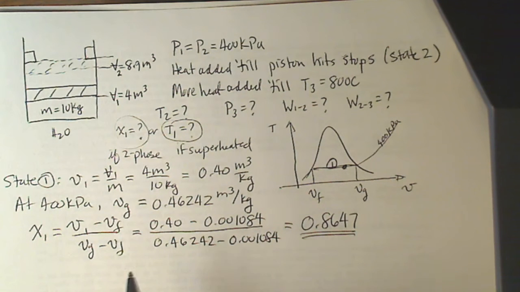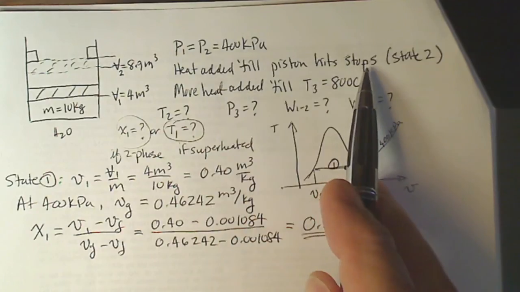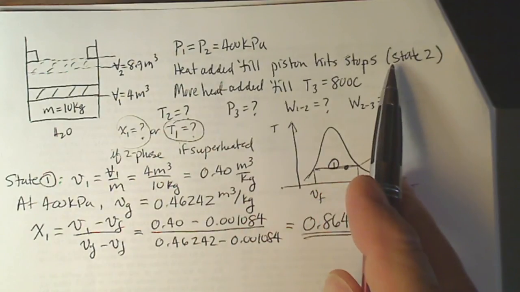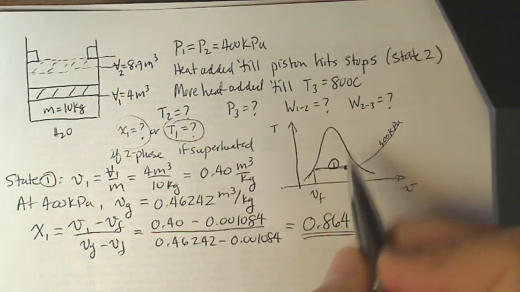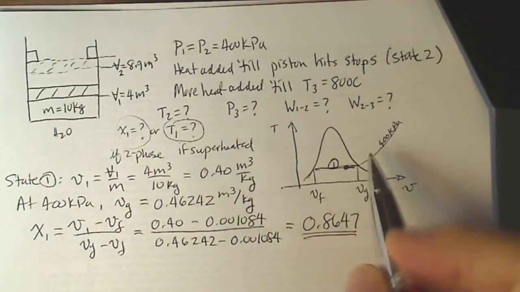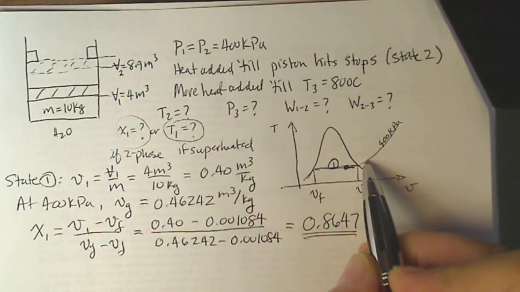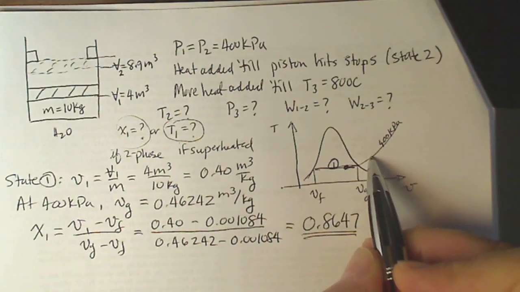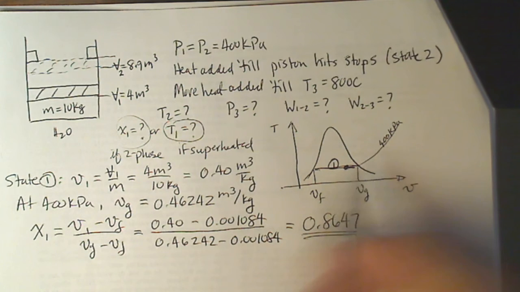Okay, now the question is, as we add heat to this and it's going to hit the stops, where is this second state? The pressure is going to remain constant. And the question immediately becomes, does the phase change continue into the superheated region, or does it hit the stops before it becomes saturated vapor?